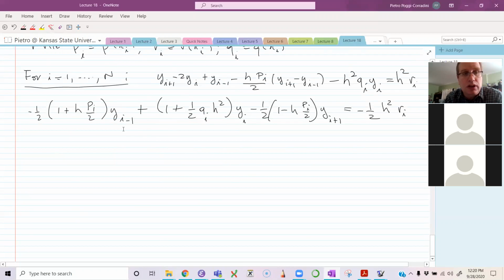But I've also set it up as a system, right? So with the equations in the right order, and you see that it's a band matrix. The matrix of this system will be a band matrix.